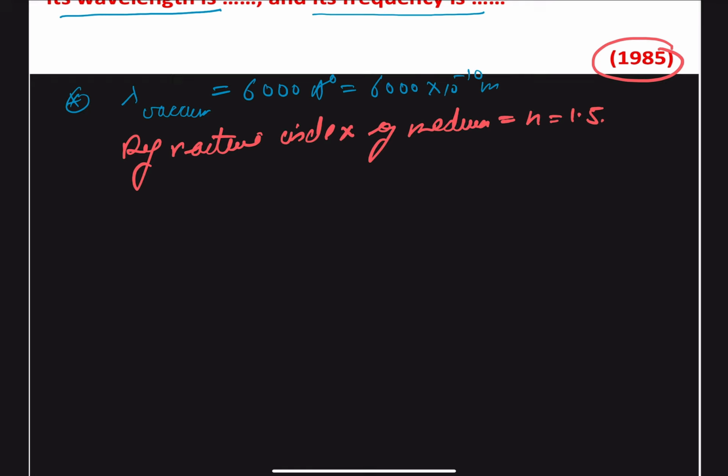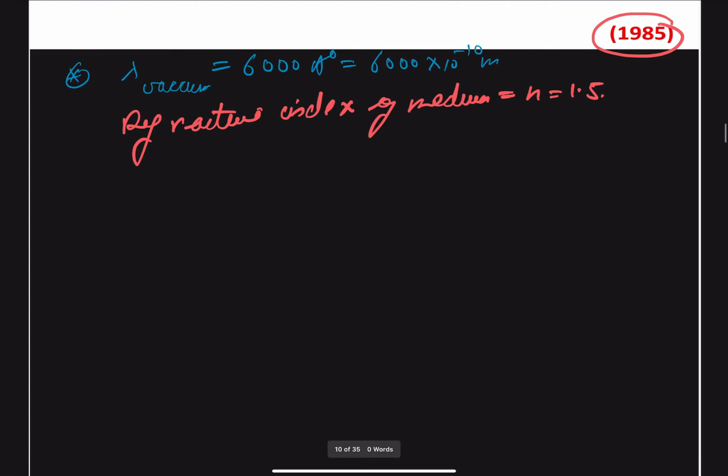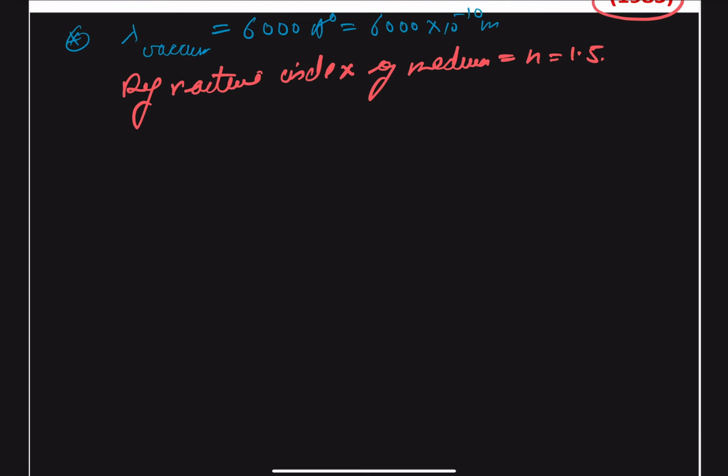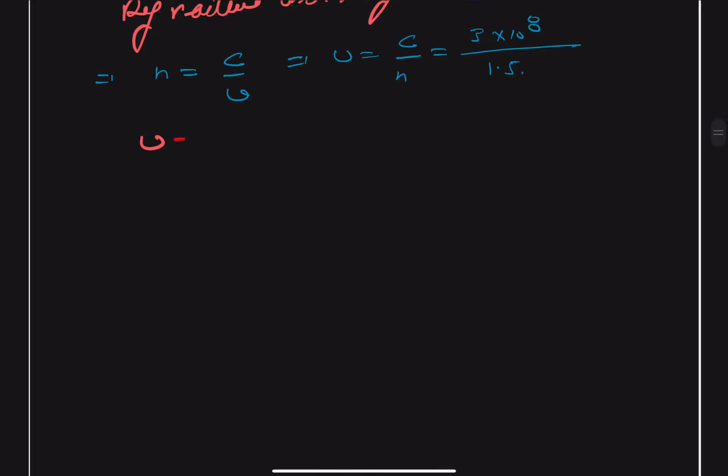We know the speed of light, and we use the standard formula that the refractive index n is equal to c upon v, where v is the velocity which we are supposed to find. So v will be equal to c upon n. C is the speed of light, which is 3 into 10 to the power 8, and the refractive index is 1.5. So this gives the velocity equal to 2 into 10 to the power 8 meter per second.